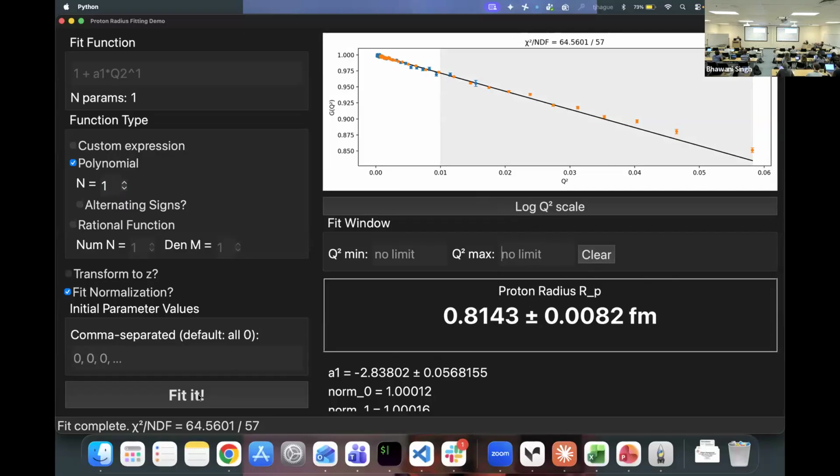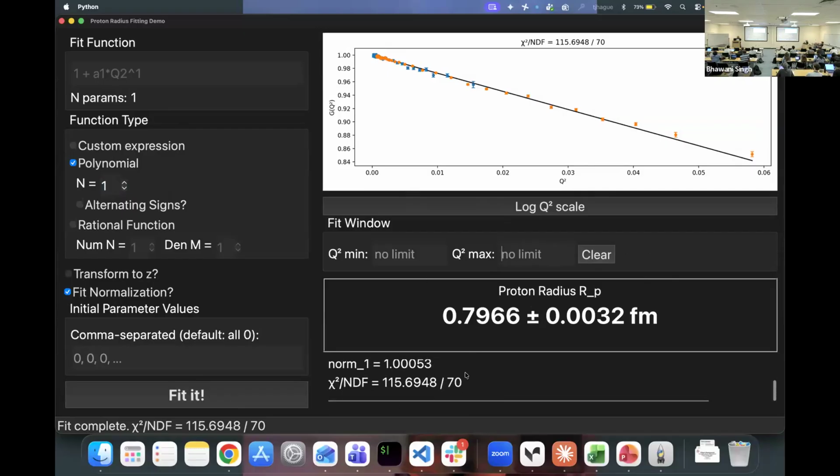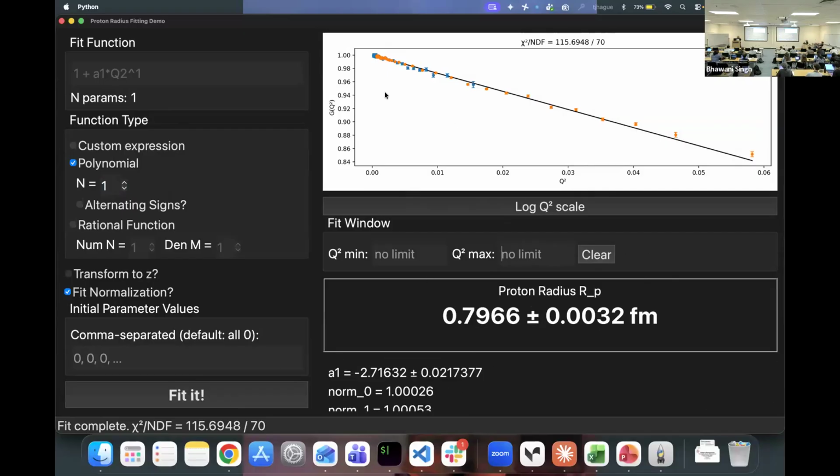And so we add in this higher Q squared data to better fit it, but then of course we have to have a more complex model, because otherwise your Q squared blows up and you get an unphysical radius. I'm going to maybe throw a little bit of shade at the moment.